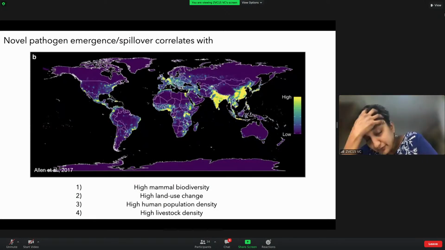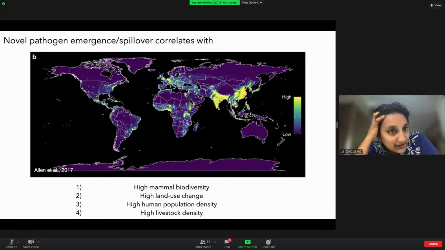Why is this relevant for us in India? Well, there are several meta-analyses which investigate probability of spillover across the world. And these analyses suggest that there are several correlates of spillover: high mammal biodiversity, high land use change, or basically change in the parcels of land, whether it's change of forest to agriculture, change of agriculture to built up areas, and so on, high human population density, and high livestock density.